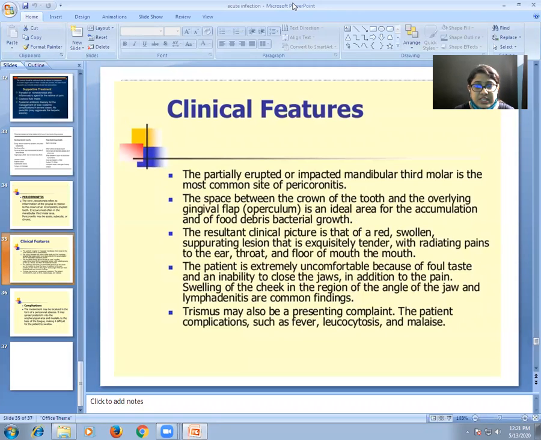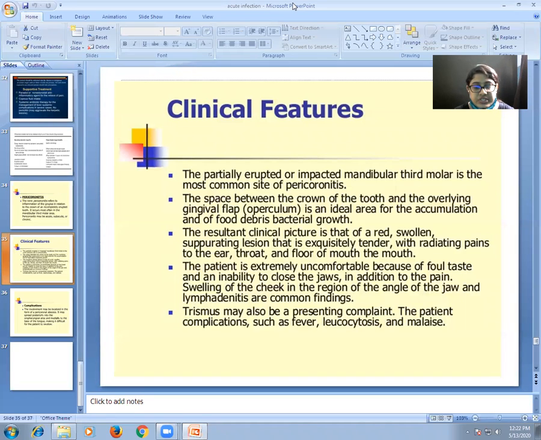Second, the space between the crown of the tooth and the overlying gingival flap, also called the operculum, is the ideal area for accumulation of food, which results in bacterial growth. This results in red, swollen, suppurating lesions that are tender, with radiating pain to the ear, throat, and floor of the mouth.